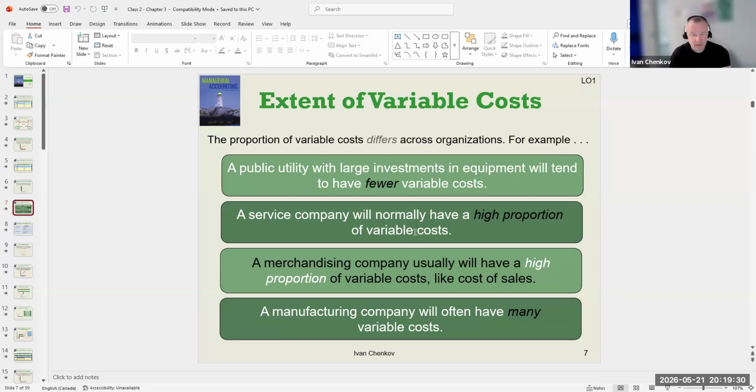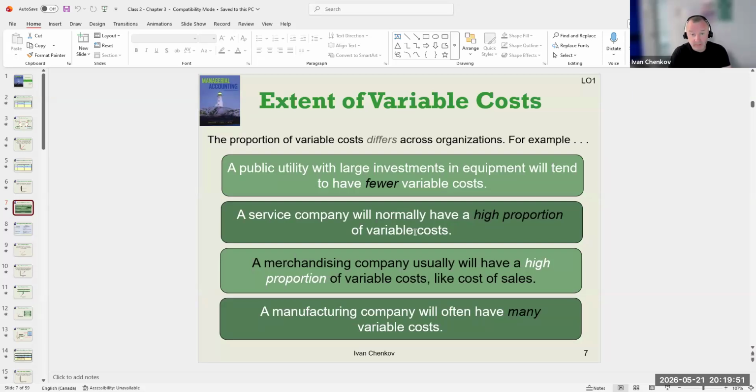Inside the preparation, the robots are doing what they're doing. Do I need lights in the facility? No. The robots don't even know if it's day or night, if it's a holiday, if it's Christmas. They just keep working. So what's going to happen? The variable costs will be fewer.